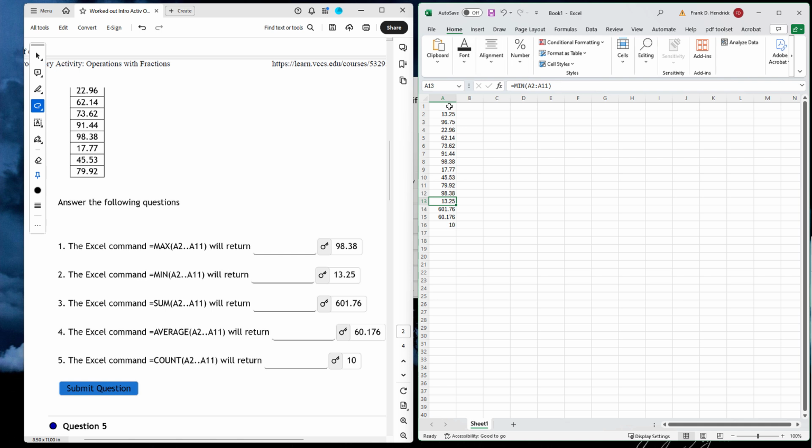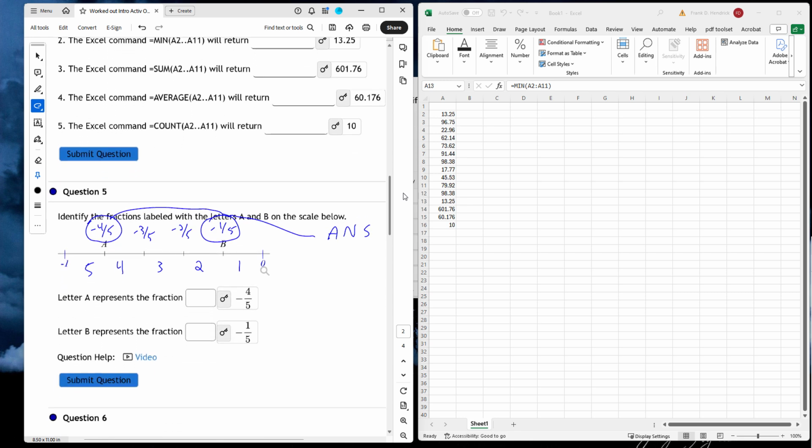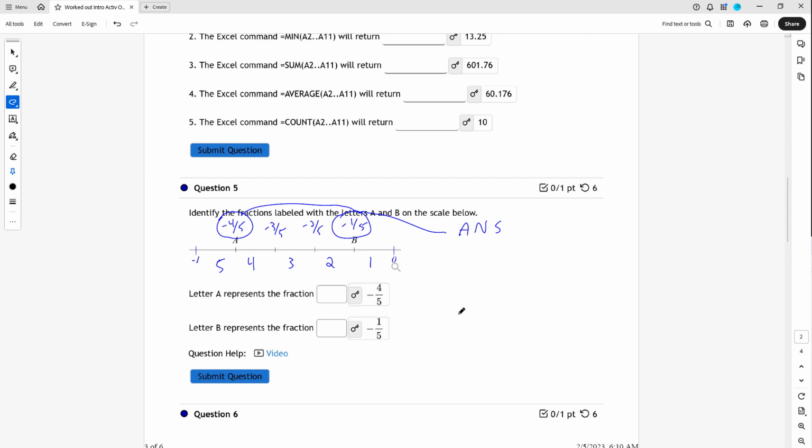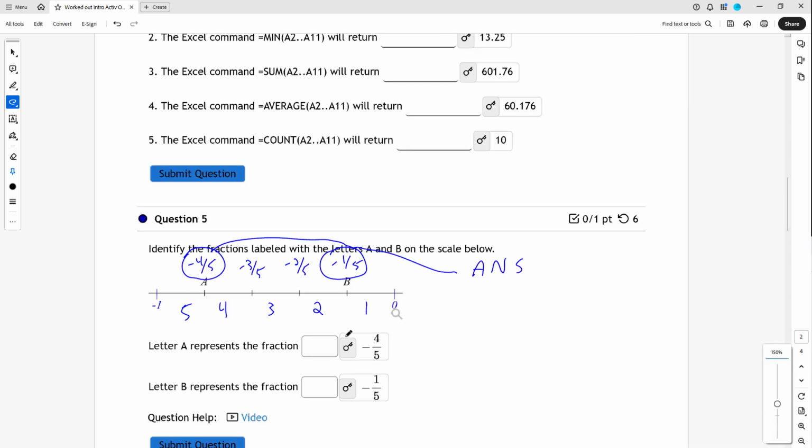Let's go on to question number 5. Number 5 here: identify the fractions labeled with the letters A and B. Okay, they give us a 0 there, and we see where our -1 is.